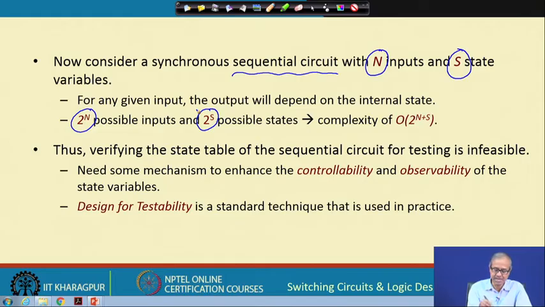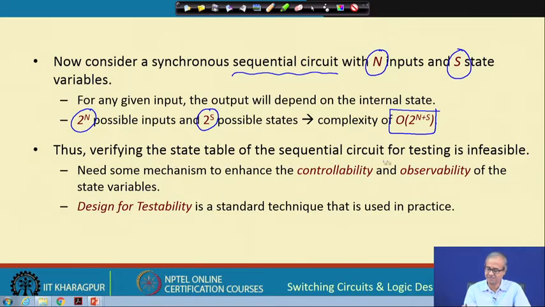So, the machine can be in 2 to the power n multiplied by 2 to the power s, that many possible states. The output will depend on so many combinations. So, the complexity becomes of the order of 2 to the power n plus s. So, the problem is even more complex as compared to a combinational circuit.